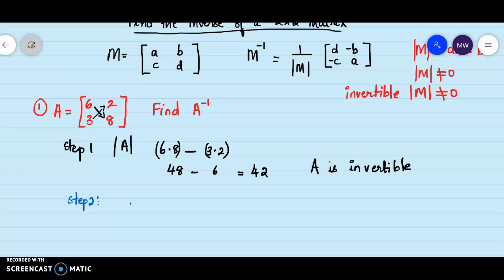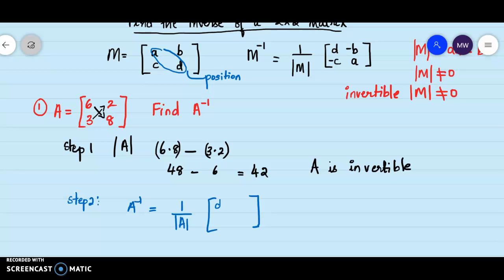To find A inverse, as per the formula, I have to multiply 1 over the determinant of A, and then multiply it to the matrix in such a way that I switch the A and the D. These two will switch their positions.